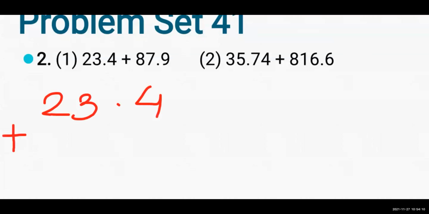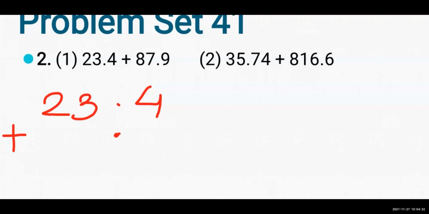Now next क्या है? 87.9. But whenever you are writing the second part, the first part is already written as it is. Whenever you write the second part of the same question, first you have to write down the point. See, point के नीचे point डालना ना.